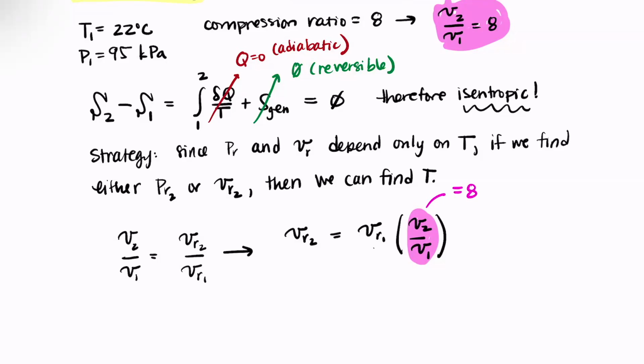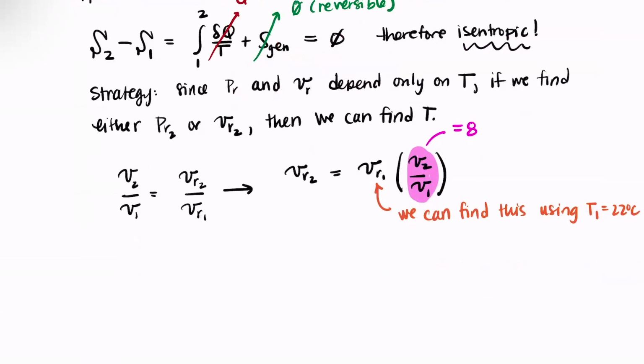All right. So we're going to use T1 equals 22 degrees C. The tables are in Kelvin, so we need to convert this.